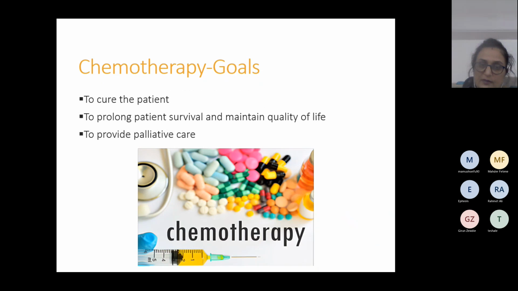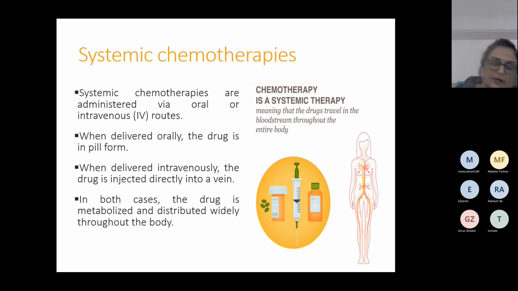So what do you mean by systemically and loco-regionally? From the name itself, you can understand systemic means it goes to the entire body. So how is it given? Systemic chemotherapies are administered via oral or intravenous routes. When delivered orally, the drug is of course in pill form.